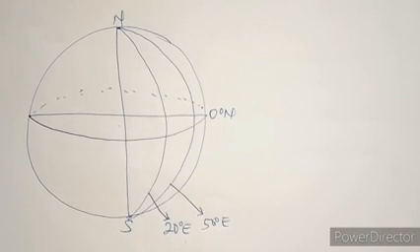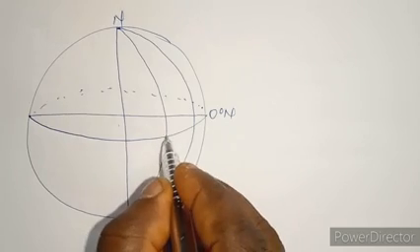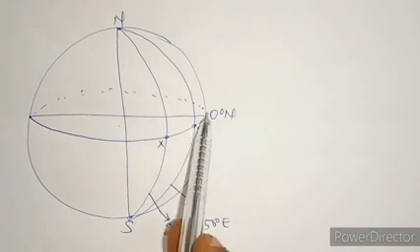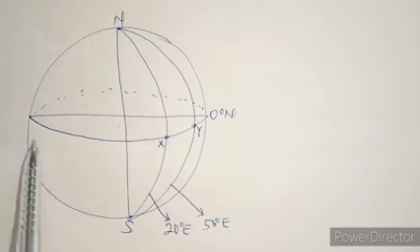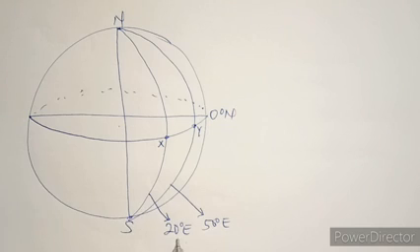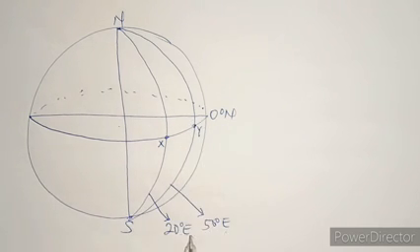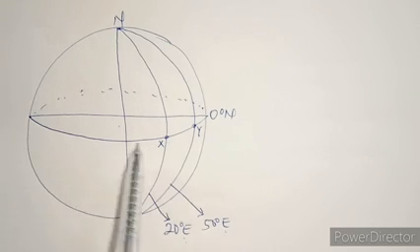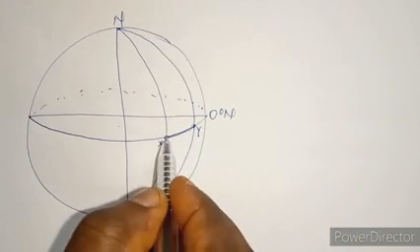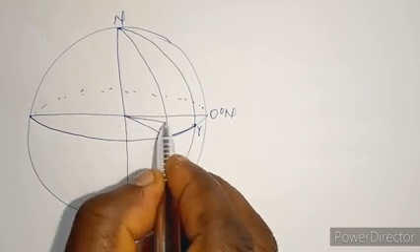Let's assume that I have my equator and I have 2 points, point X and another point Y, the two of them on the same equator but on different longitudes. Say longitude of X is 20 degrees east and longitude of Y is 50 degrees east. They are on the same side of the pole. The 2 points are on a great circle. Like I told us, I will trace the point to the center of the great circle, trace the second one to the center of the great circle.